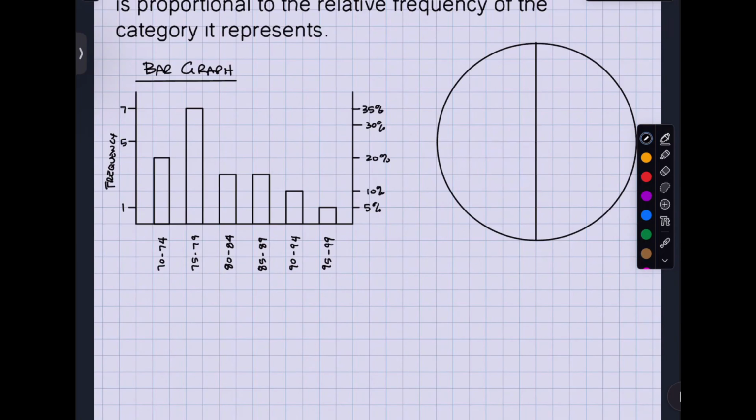That would be 50. Would that be about right? We'll take your word that it's 35. Thank you. And 20%, since this is 25%, so let's go 20%. And then you have two of them at 15%.